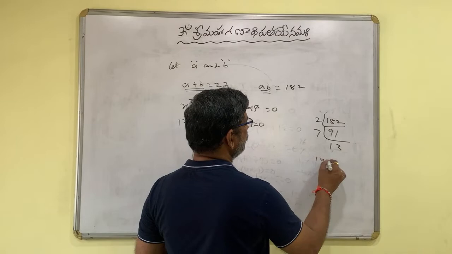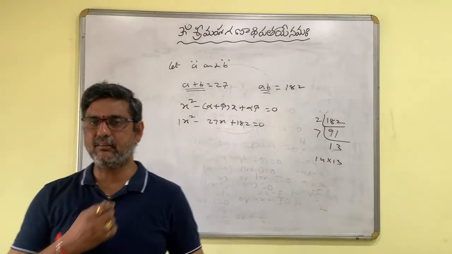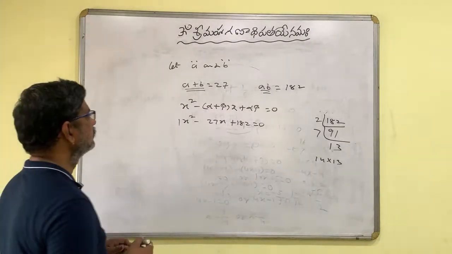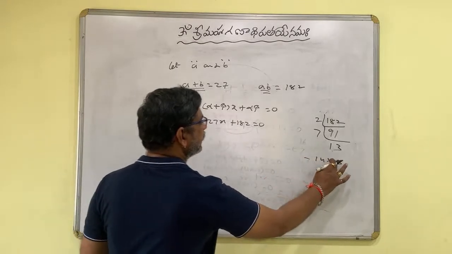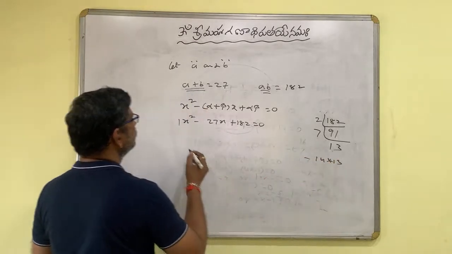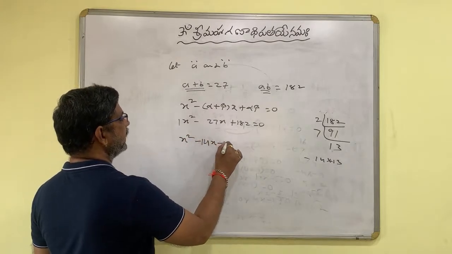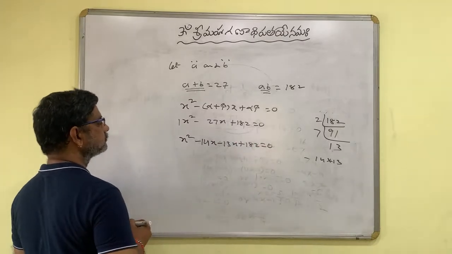So 14 into 13. 14 into 13 is 182. But negative 14 into negative 13 we have to take. So x² minus 14x minus 13x plus 182 is equal to 0.